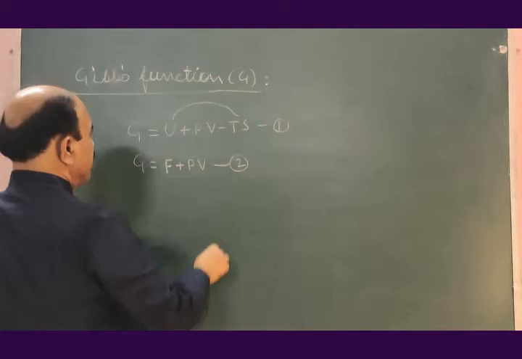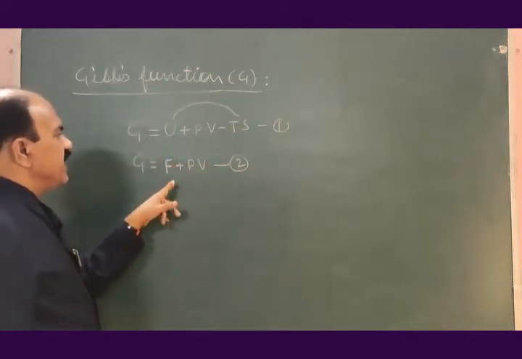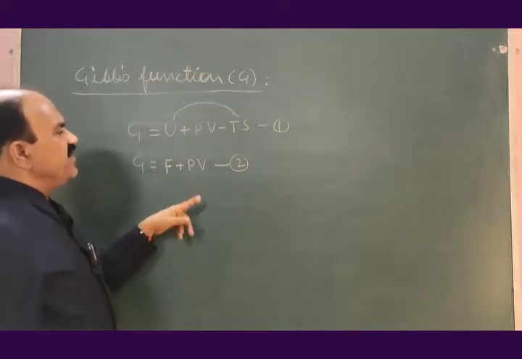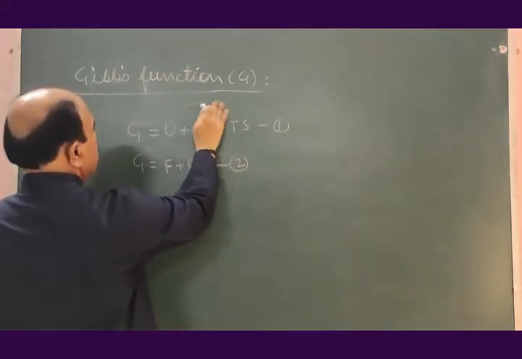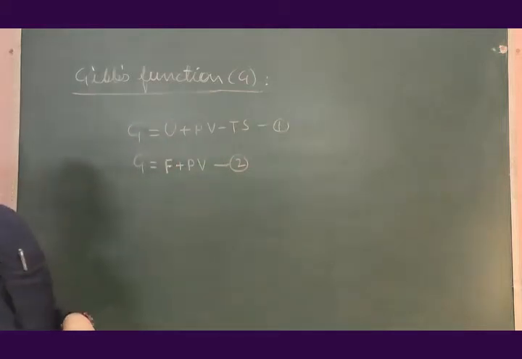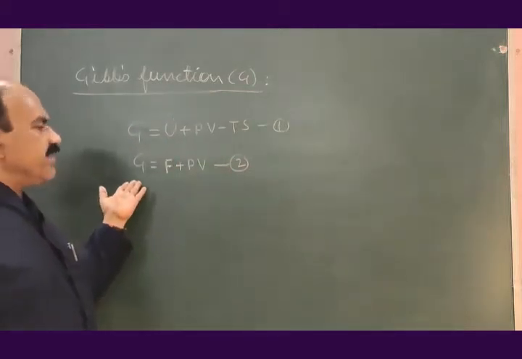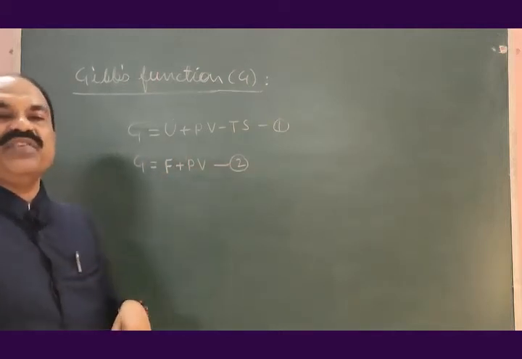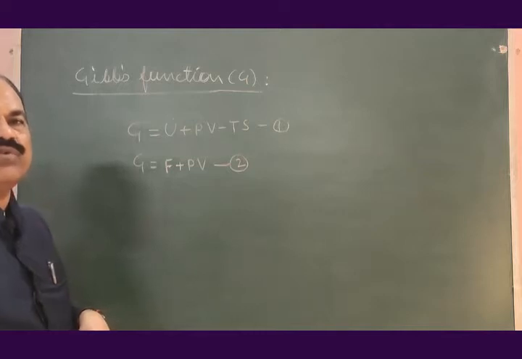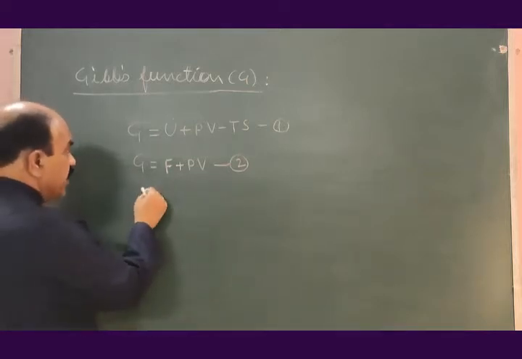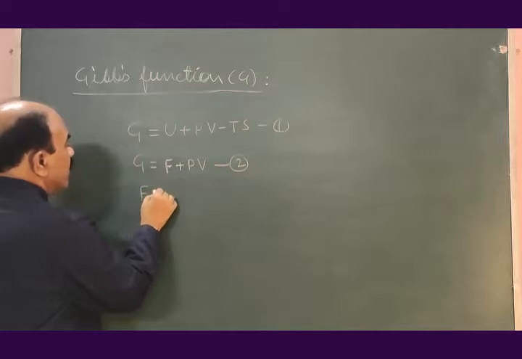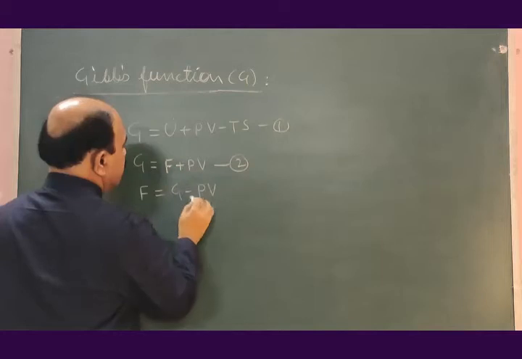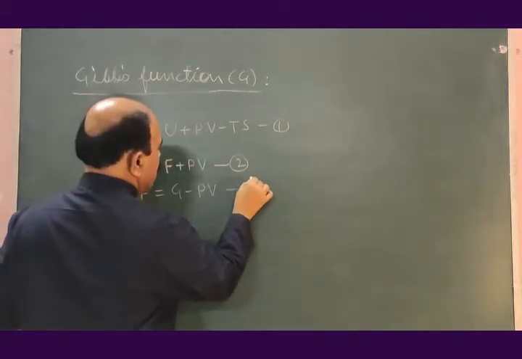So for this U minus Ts, I have substituted F, Helmholtz function, plus PV is written as it is to get equation 2, and so Gibbs function is represented as Helmholtz function plus PV, equation number 2. From this we can have one more equation for F, that is G minus PV, equation number 3.